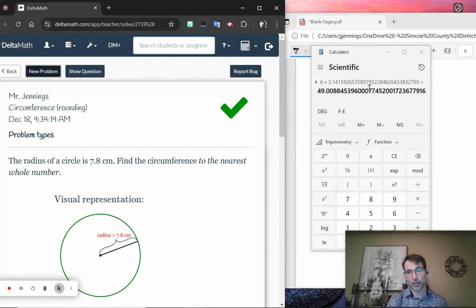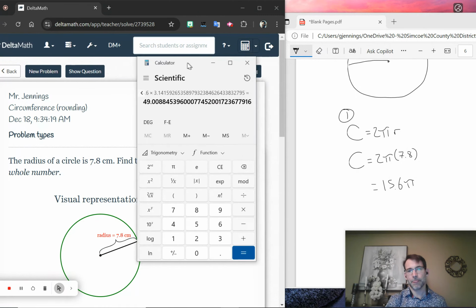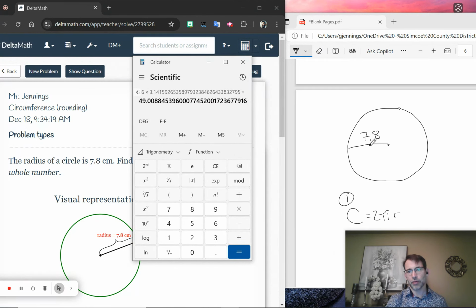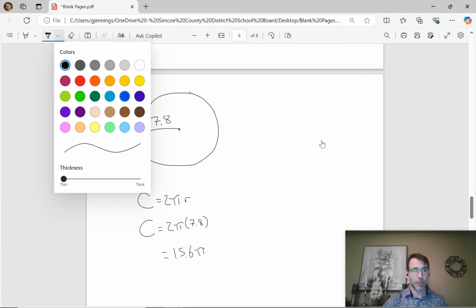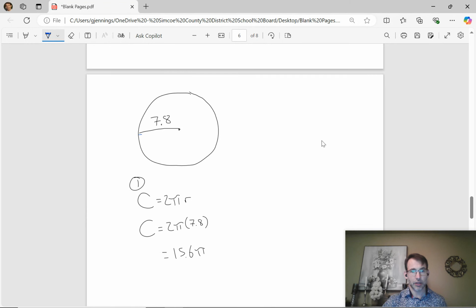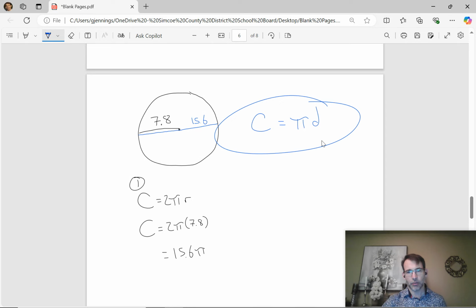Yay. Okay. Here's the other way. The other way is to remember that the radius is half the diameter. So we can improve our diagram by saying here's the diameter of the circle, and that's 15.6. And we can work with the formula C equals pi d. When you say these two formulas are different, I say no, they're the same.